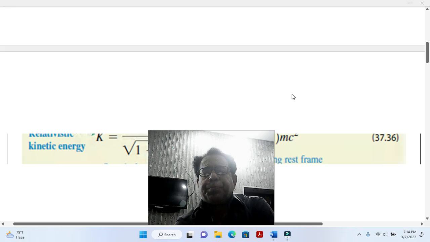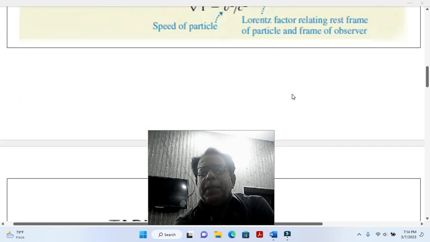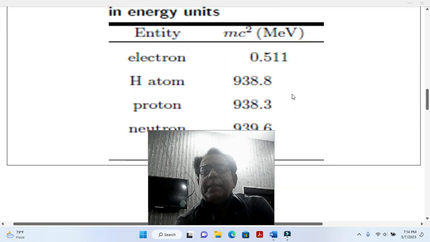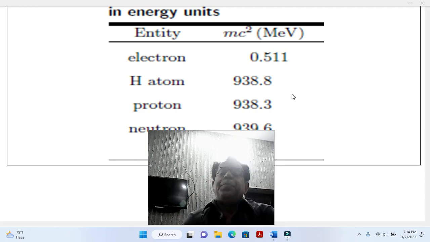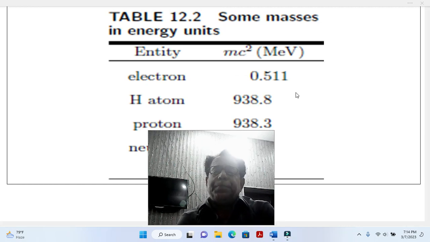So in this table, the value given at the third row is relevant: proton, 938.3 million electron volt.